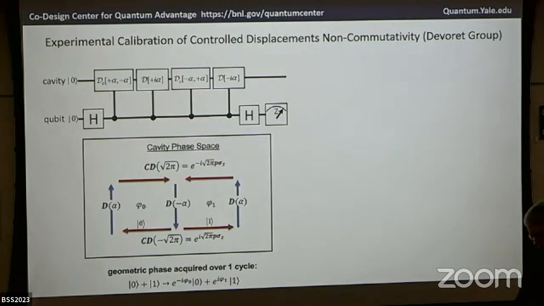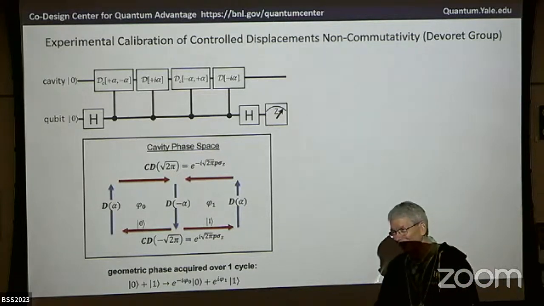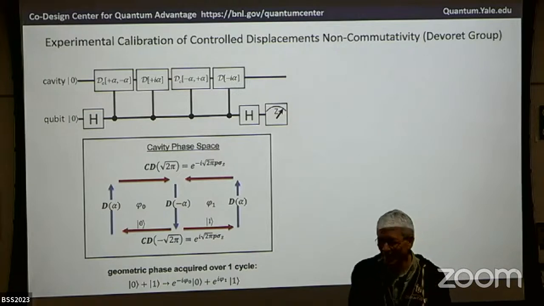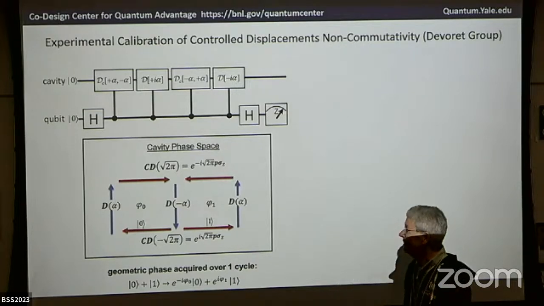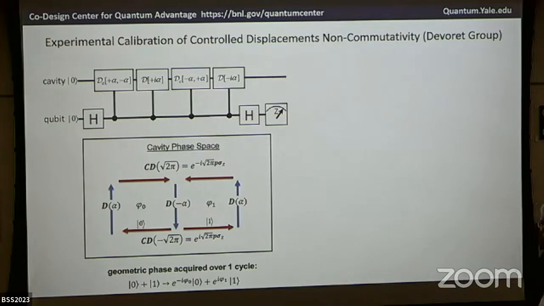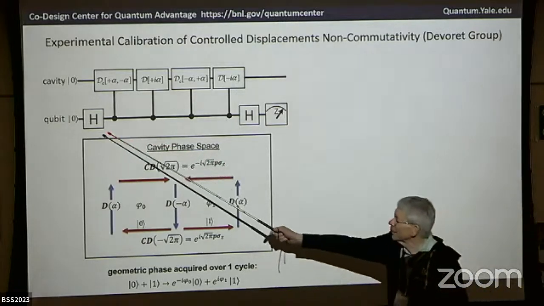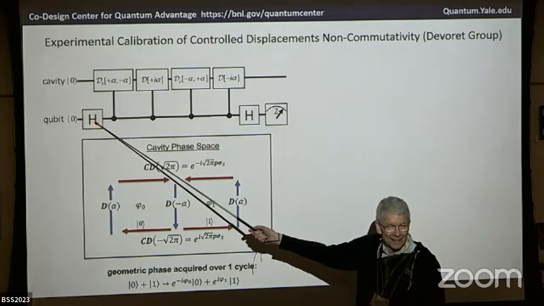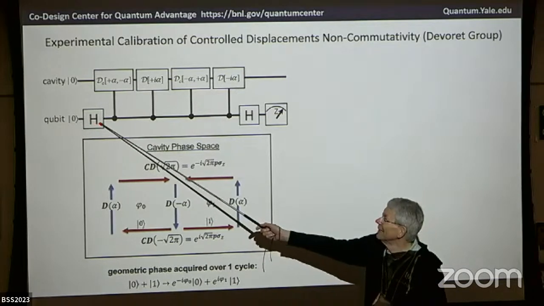It goes through 110 dB of cold attenuators to get down through the fridge to the thing. How do I know how big an amplitude to apply to get a certain displacement? So what you do is you put the qubit in the X state using a Hadamard gate.